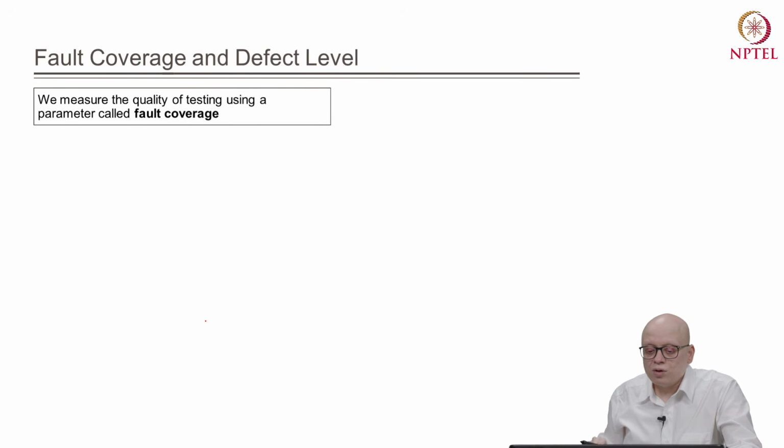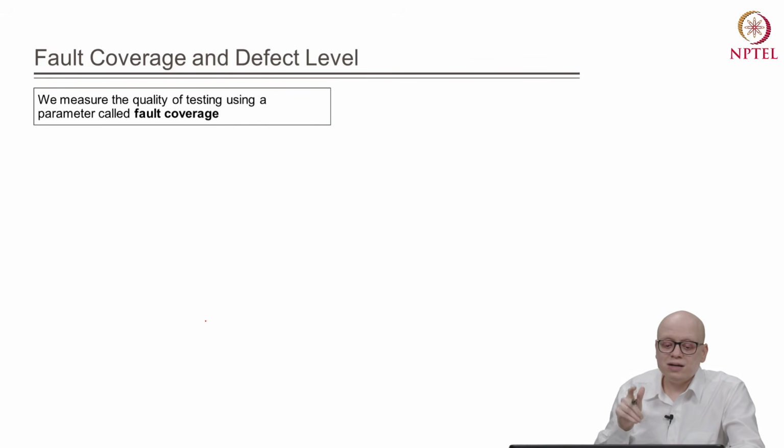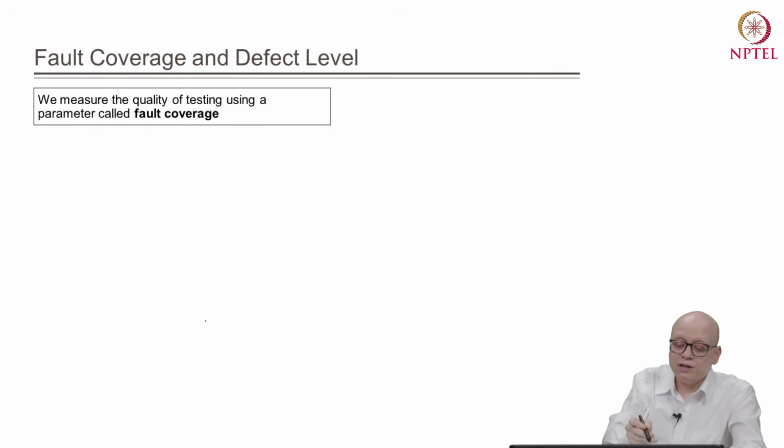Now, in this automatic test equipment based testing, we apply test vectors to our manufactured chip. How do we measure that the test vectors that we are applying are of good quality? We measure it using a parameter which is known as fault coverage.